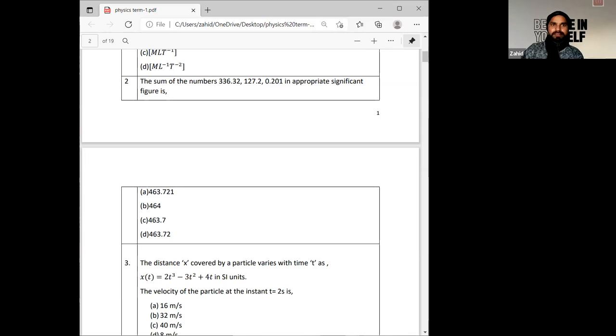Which of these has the minimum number of significant figures after decimal? In this second part, which has only one significant figure after decimal. So your answer should be option number C. Is it clear?